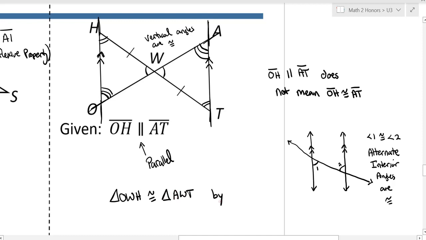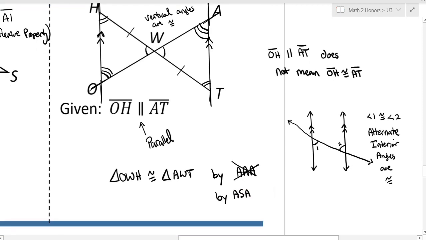And why, what shortcut can we use? Can we use angle, angle, angle? Well, it's true that we have angle, angle, angle, but angle, angle, angle is not a shortcut we can use. What else could we use? We have a side, and we can do angle, side, angle, because we have a side between two angles that we know.